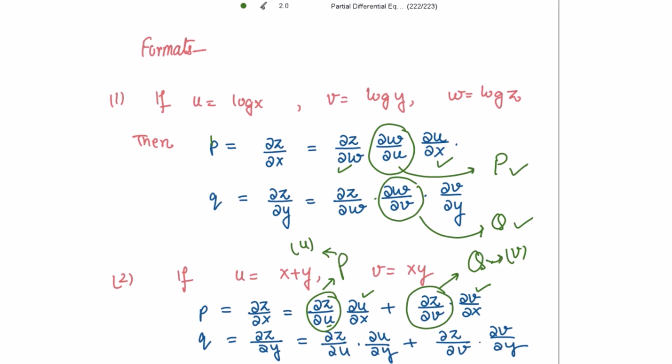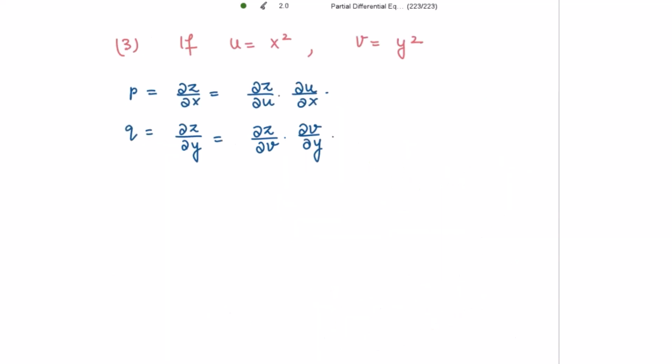Take accordingly that. Next, in the third format, if you consider u to be the function of x only, that is x square, and v to be y square, then your small p will be del z by del x, definitely, but this can be written, it is enough to write del z by del u and del u by del x multiplied. There is no need to write further del z by del v, then del v by del x.